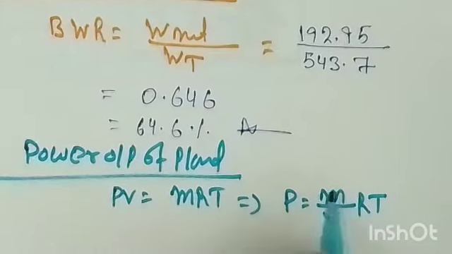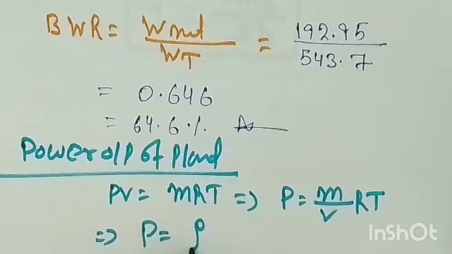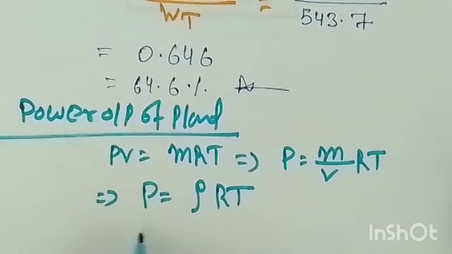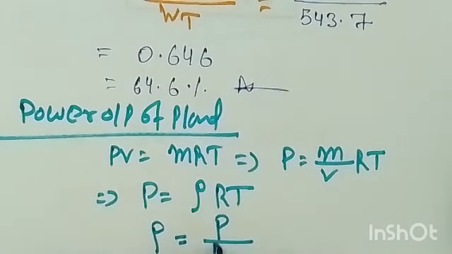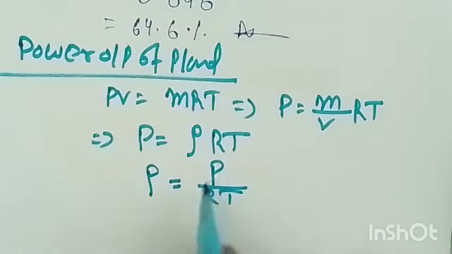That mass by volume is what? Density. So this will become P is equal to rho RT, where P is pressure and rho is density. So you can say the density of the air is equal to P by RT, where R is the gas constant and T is the temperature.